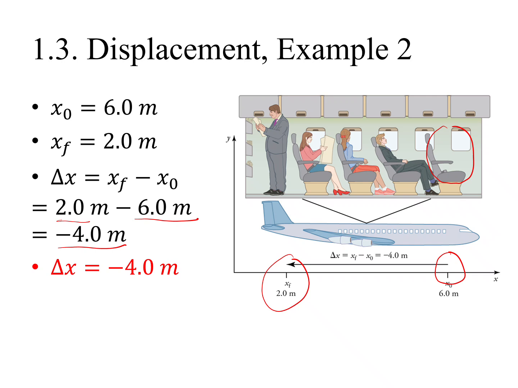If you look at this picture here, this displacement vector arrow is now pointing to the left. The left-hand side is the negative direction and the right-hand side is the positive direction. So here the displacement is a negative value.